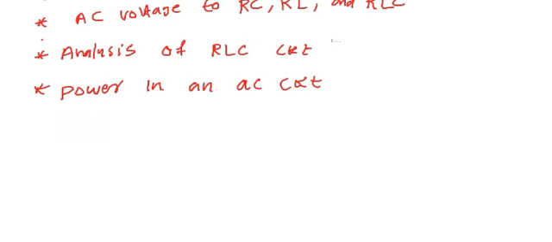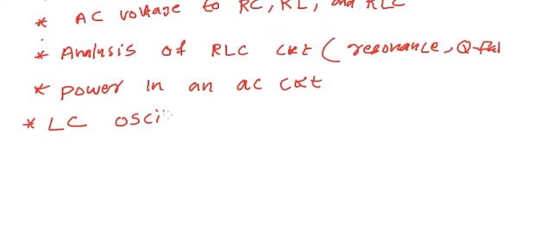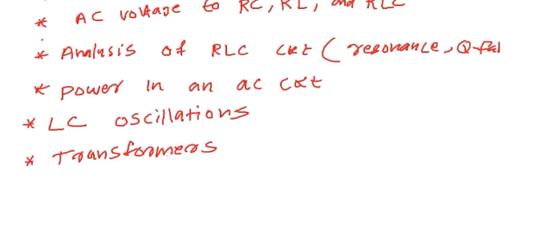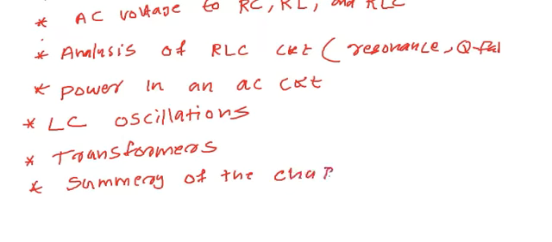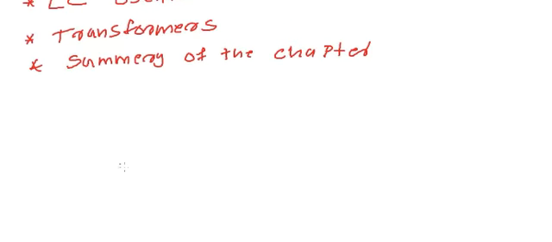In this analysis, we discuss resonance, quality factor, etc. Then we will discuss LC oscillations, and then finally transformers. And after that, we will discuss the summary of the chapter.